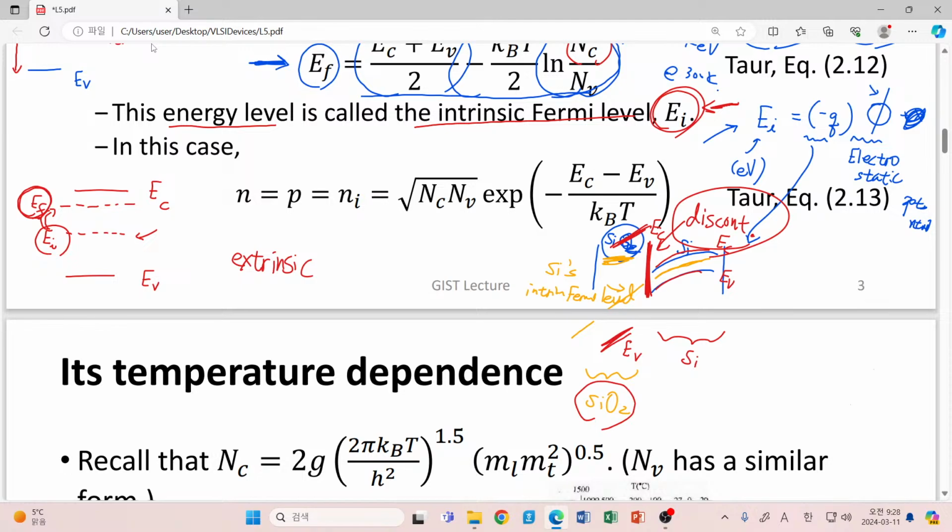So in order to make our life easy, usually what we do is just consider the reference material. For example, when you have a system based on silicon, then pure silicon, or relaxed silicon, is regarded as the reference material.